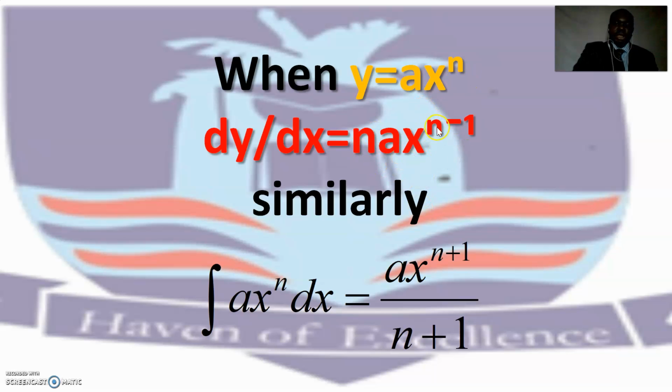Since you subtracted 1 from the power, you add 1 to the power, and the original power before you subtracted 1, you must use it to multiply a, so you're going to divide by the power after adding 1. So while differentiation of y = ax^n will give you nax^(n-1), integrating it, you have ax^(n+1) all over n+1.